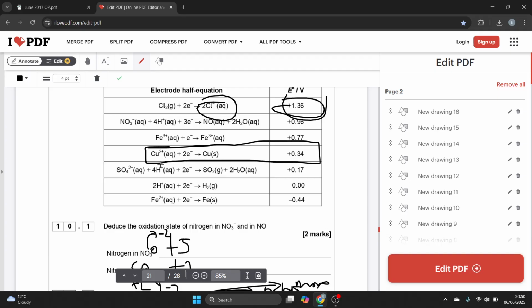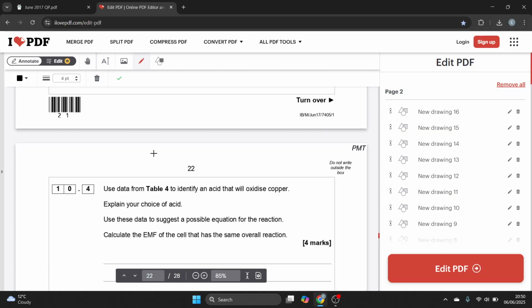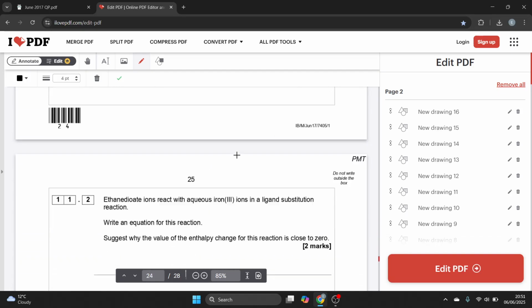So in order to oxidize it, it's got to have... In the meantime, let me finish off the rest of the questions. I'll find out what to do for that one.